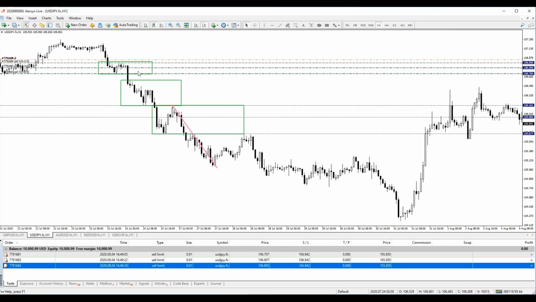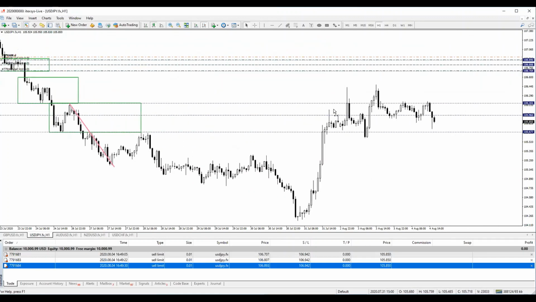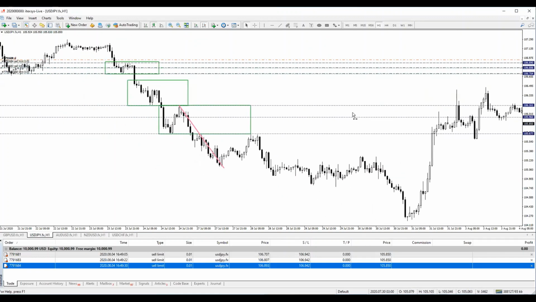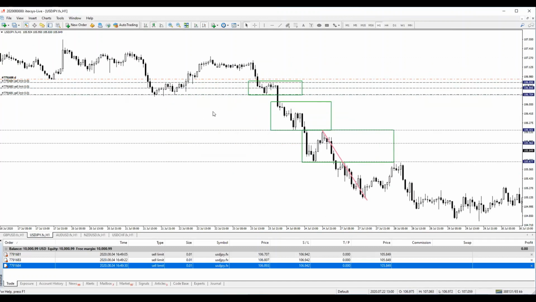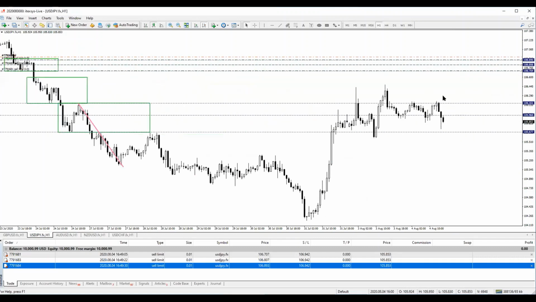So this flag on the yen, if you can mark it, let's talk about this next week, and we'll see if this flag had worked for us, yes or no, if it was giving us 15 pips.